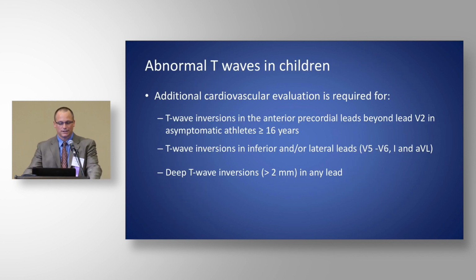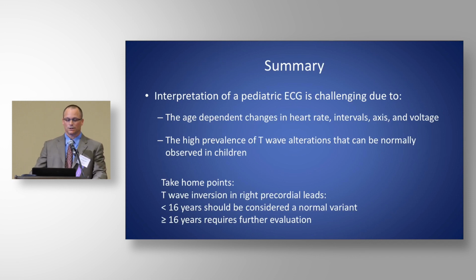And so if you just boil it down to what are abnormal T waves in children, you look for additional evaluation if you have T wave inversion in the anterior leads beyond V2 in asymptomatic athletes over 16, T wave inversion in inferior or lateral leads, and deep T wave inversions. And just to summarize, the interpretation of pediatric ECG is challenging because there are these age-dependent changes in heart rate, intervals, axis, and voltage.